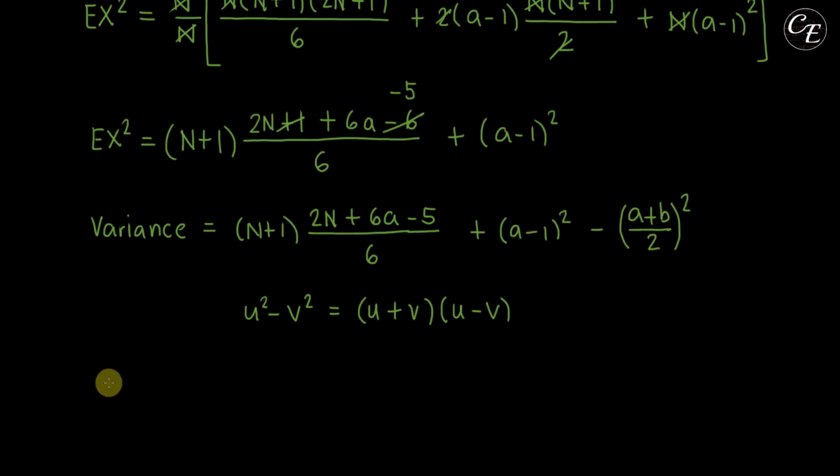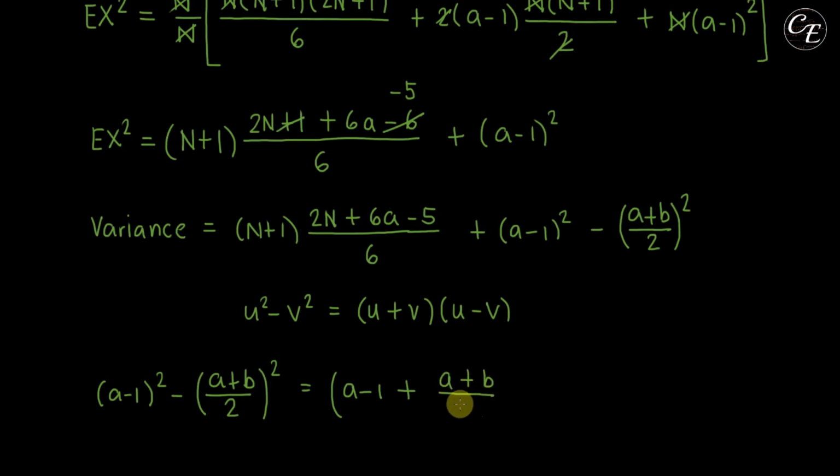For the sum we have a minus 1 plus a plus b over 2, and then for the difference it is a minus 1 minus a plus b over 2.